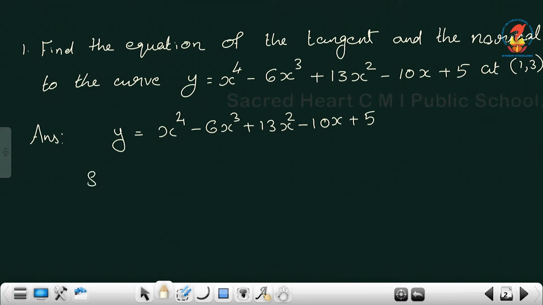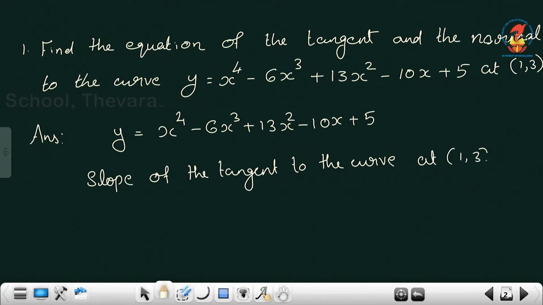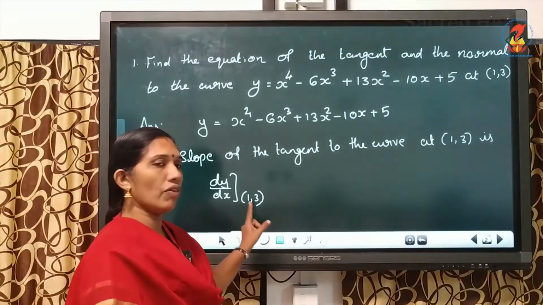Then what is the slope of the tangent to the curve at (1, 3)? It is defined as the derivative, dy/dx at (1, 3). This is the slope of the tangent to the curve at the point (1, 3).